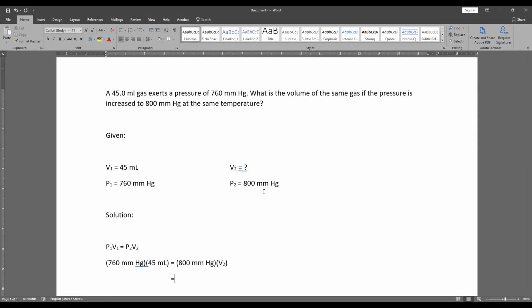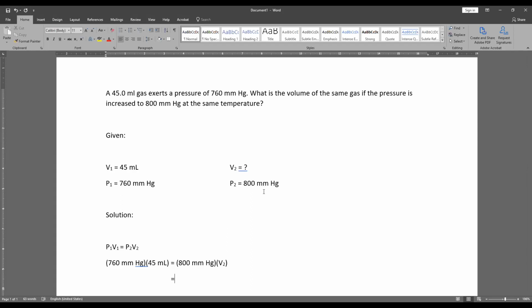Okay, what should we do next? I think you should cancel the P2 so that the V2 will remain on the other side. For that to happen, you have to divide both sides by the value of P2, which is 800 millimeters of mercury.